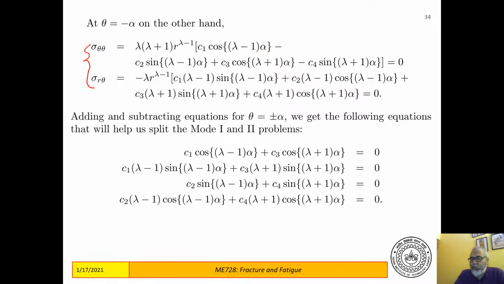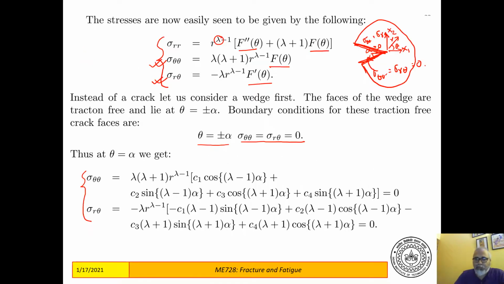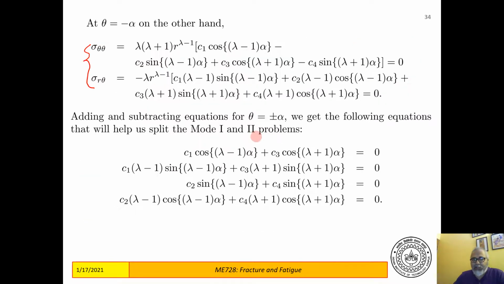I have four constants to determine. I have four equations, 2 from theta equal to alpha and 2 from theta equal to minus alpha. I can solve them in theory and determine C1, C2, C3, C4. But before doing that, I am going to try and split this into a symmetric and an anti-symmetric problem.